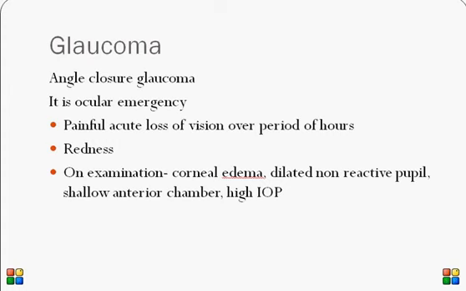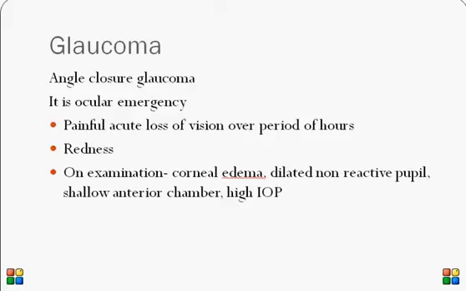In contrast to open angle, angle closure glaucoma is a real ocular emergency. It's a very painful condition, and it presents with acute painful loss of vision over a period of few minutes to hours. When you examine the eye, the patient will not allow you to examine because of the severity of the pain.